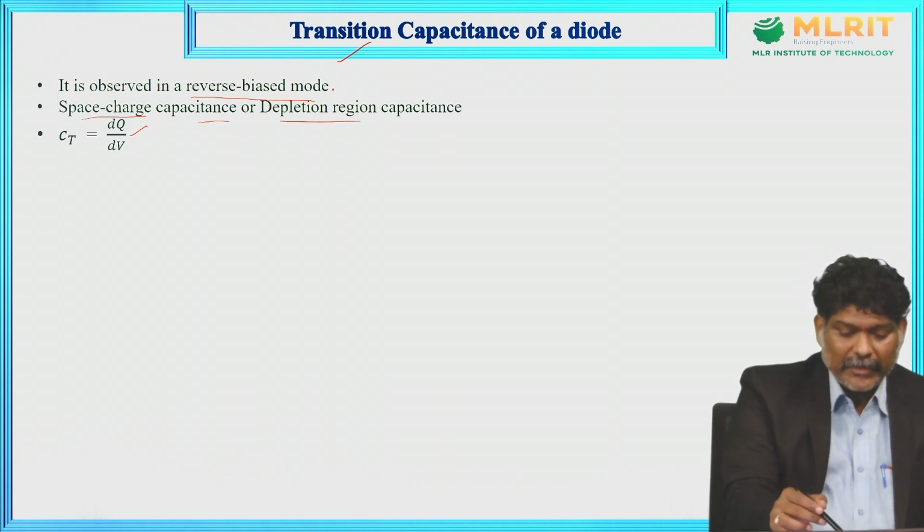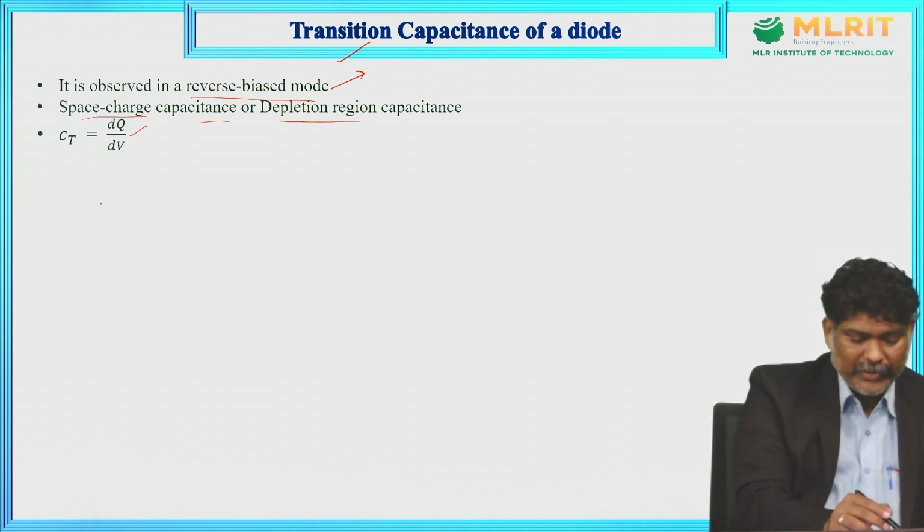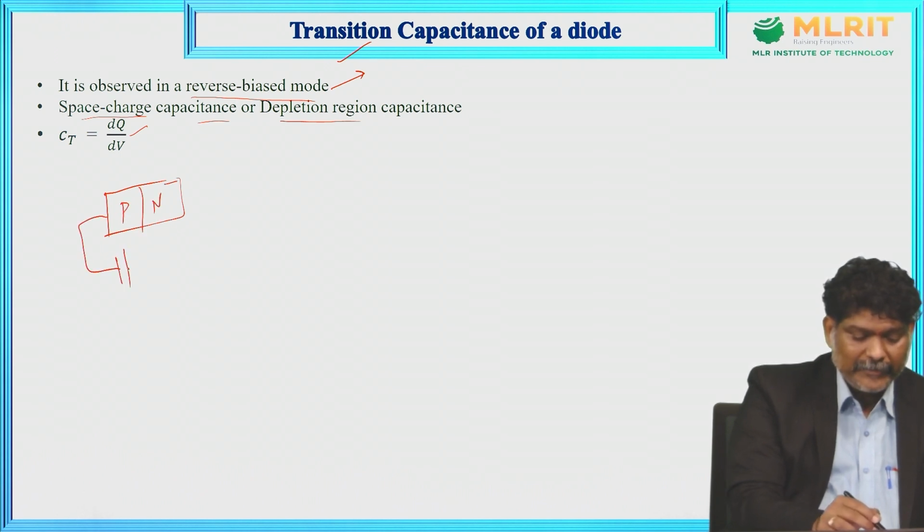As I already told you, the transition capacitance can be observed in a reverse bias diode. So what is reverse bias? There are P type and N type materials. The P type is connected to the negative of the battery, and the N type is connected to the positive of the battery.